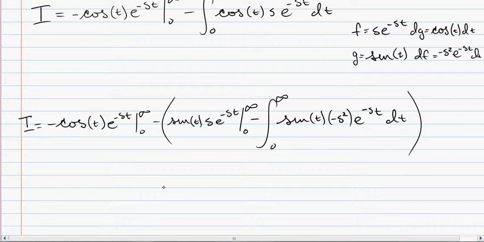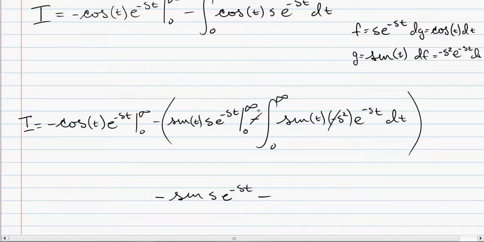So if I send that minus sign through, no, that's actually going to be a minus.